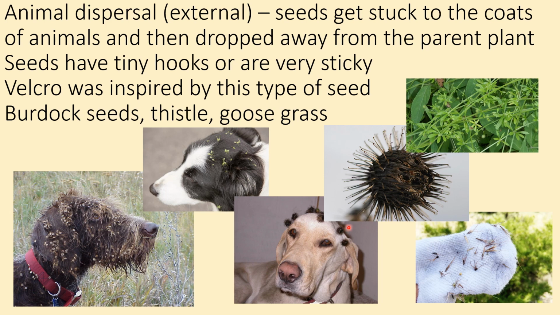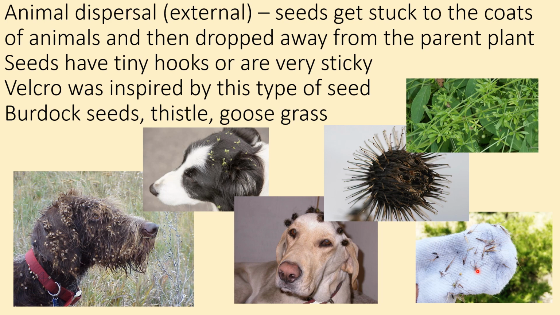And the hooks of the seeds get tangled in the fur of the animal. Another example is thistle and goosegrass. So this is goosegrass. It's the whole plant that gets attached to you actually with goosegrass. And then you've got another example of some seeds being stuck onto somebody's sock.